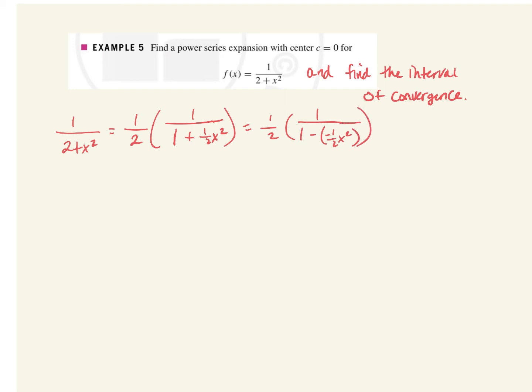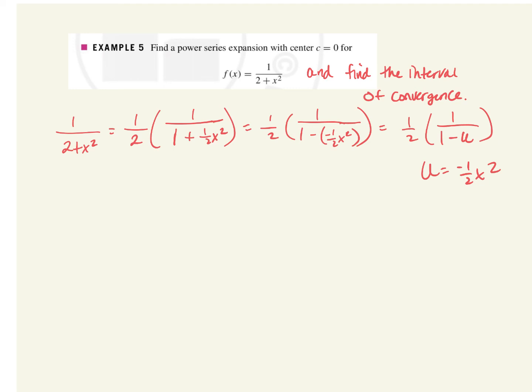Or 1/2 times 1 over 1 minus u, where u is negative 1/2 x squared. Okay? All good there?